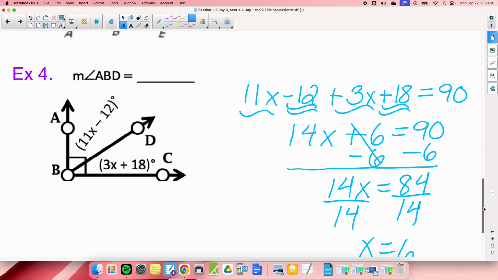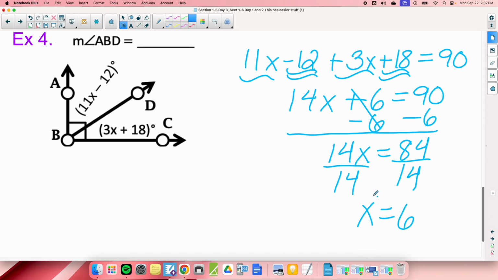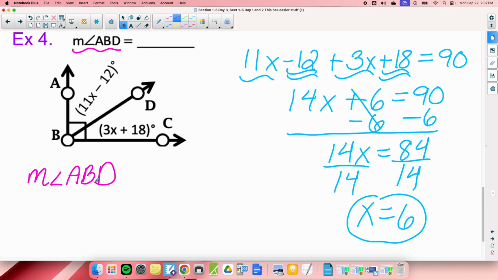No. So we just found out x is 6, but notice what they want is the measure of angle ABD. So the measure of angle ABD is 11x minus 12.